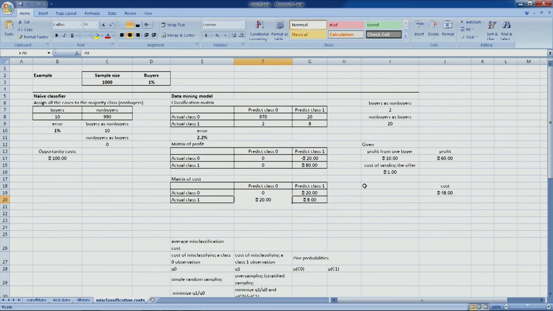So this is 20. Now the other members classified as 1: 20 misclassified, and 8 correctly classified. So 20 and 8 is the value. From the cost perspective, the total cost is going to be 48. Now we can either maximize this profit figure or minimize this cost. So our new goal would be maximization of profit or minimization of cost.